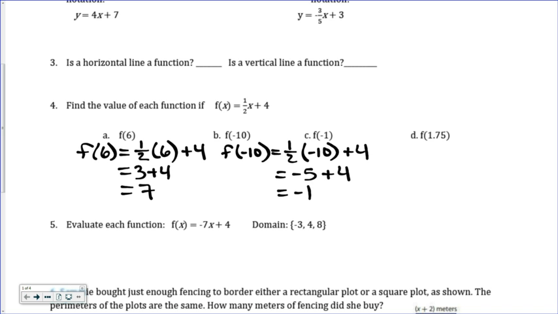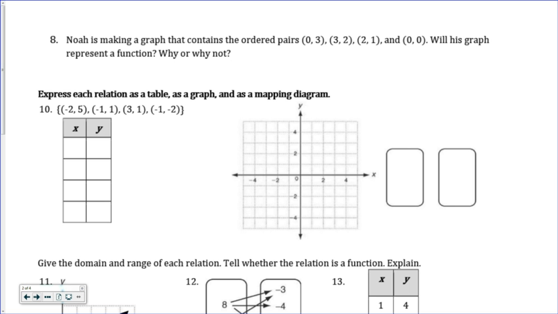Okay, let's look at number 10. Number 10 says express each relation as a table, as a graph, and as a mapping diagram. So they gave you a list of ordered pairs, and we're going to plug that value into our table. We're going to graph it, and then we need to write it as a mapping diagram.